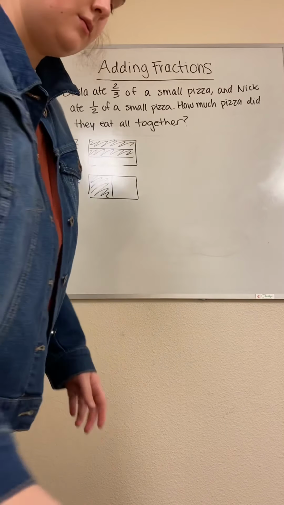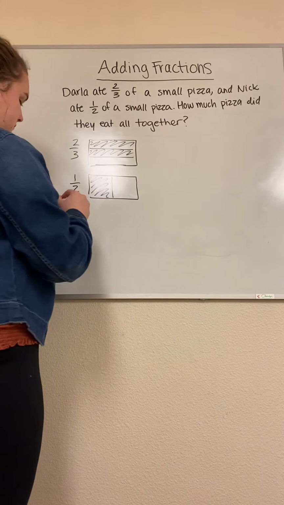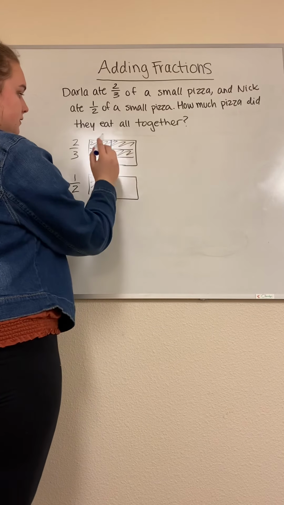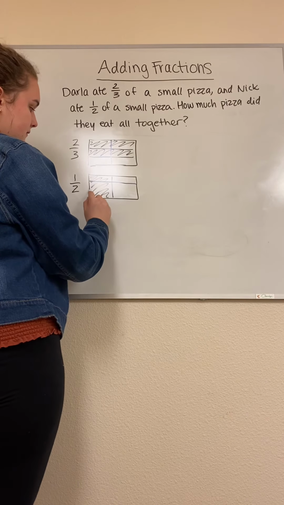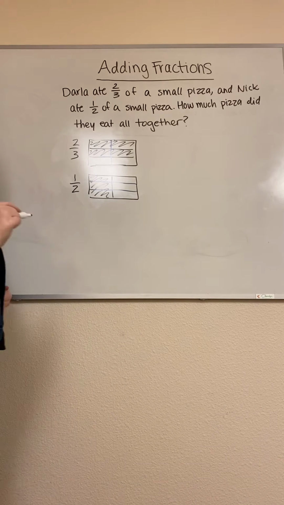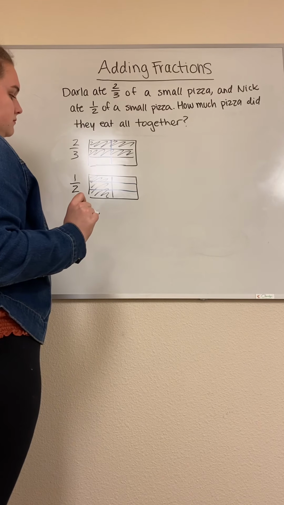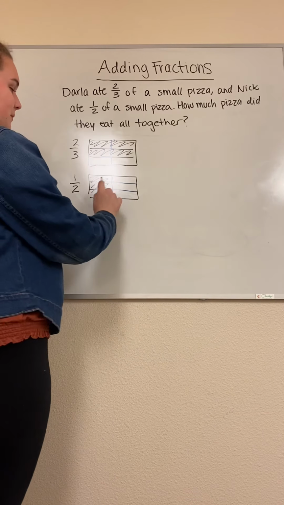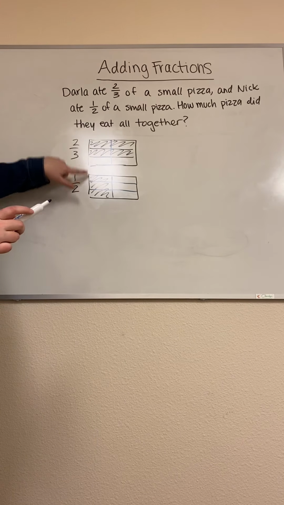So what we can do is split this in half so that there's 1, 2, 3, 4, 5, 6 pieces, and then we can split this up like that so that there is 1, 2, 3, 4, 5, 6 pieces. So now we can see that the pizza is split up into equal pieces.